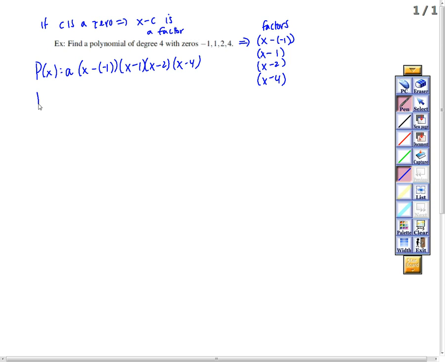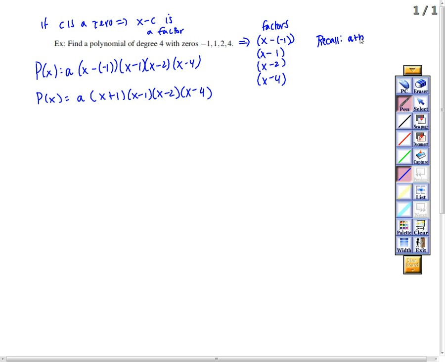So we're going to expand this out. P of x equals, I'm going to leave the a out here, so x plus 1 times x minus 1 times x minus 2 times x minus 4. I'm going to start with these. I know x plus 1 times x minus 1 gives me a difference of squares.